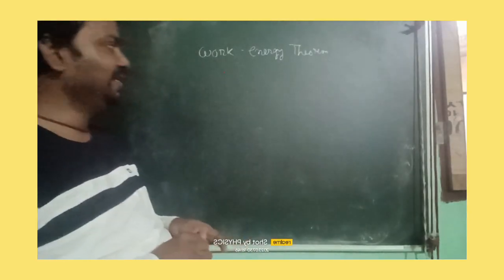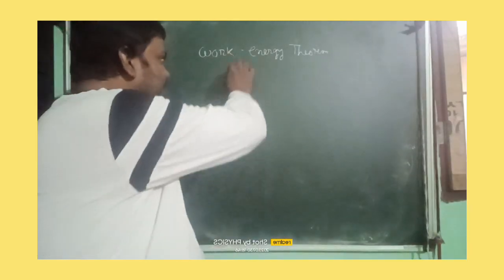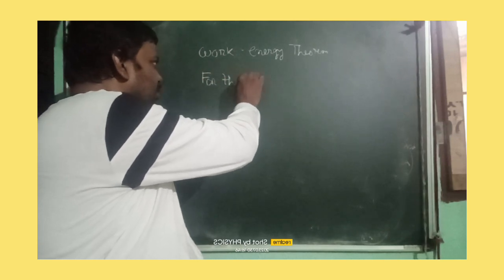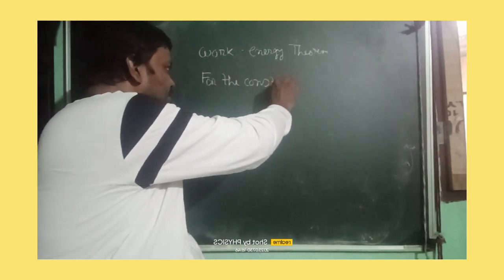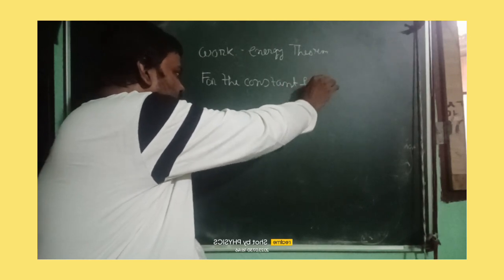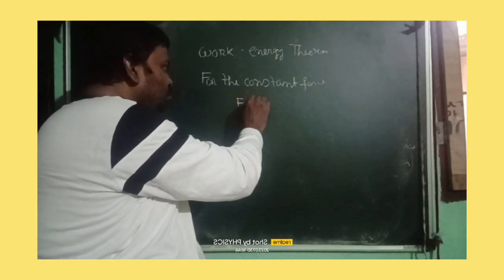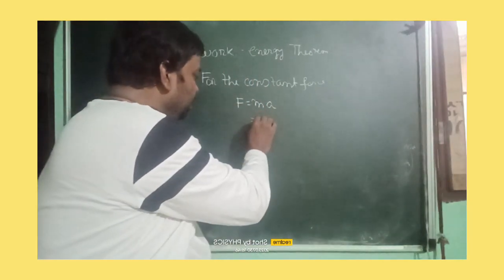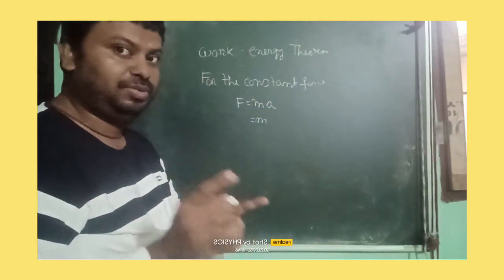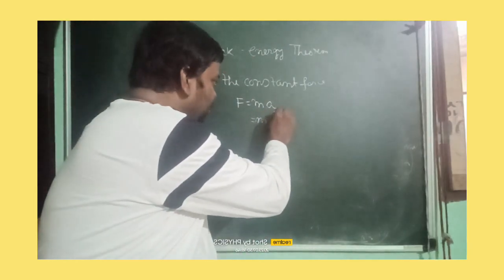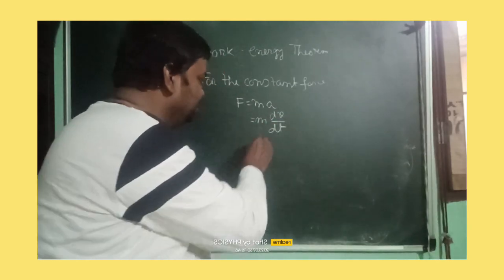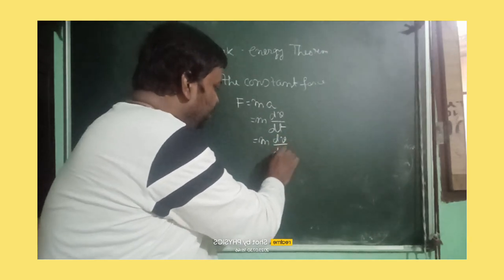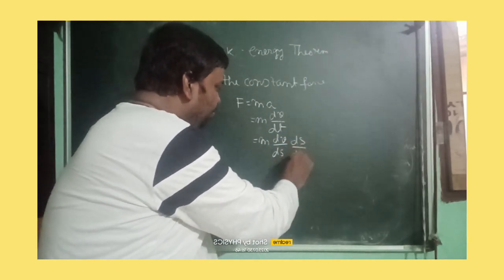Now to prove the work energy theorem, we know that for a constant force, F is equal to m into a. We know that. Now here, we can write the a in the form of dV by dt. Now let's change it: m dV by ds into ds by dt.